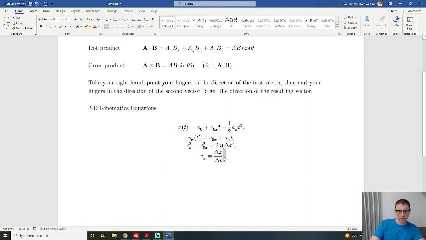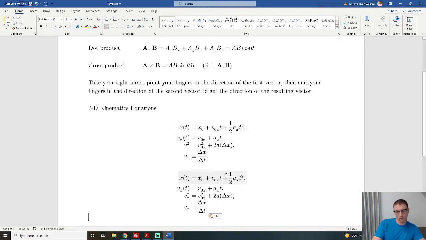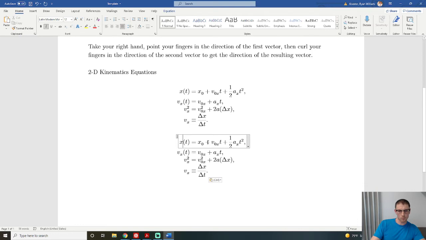Let me make these pretty. Cool. And then, I mean, we just do the same thing for y, right? We can just go through, I mean, I could literally copy and paste this and just change all the x's to y's. That's what I'll do. Now remember, these are the general kinematics equations, right, for 2 dimensions. We're not talking about projectile motion just yet.